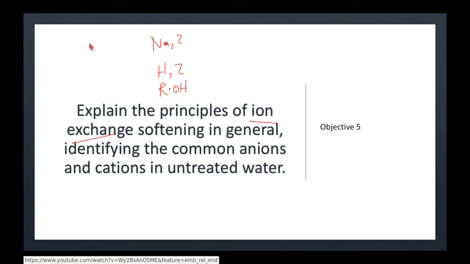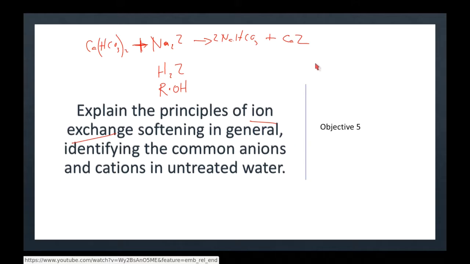So for example, in the first one, if I've got some calcium bicarbonate temporary hardness going into the vessel with the sodium zeolite beads, what we get coming out is sodium bicarbonate. And what stays behind on the bead is going to be calcium zeolite.